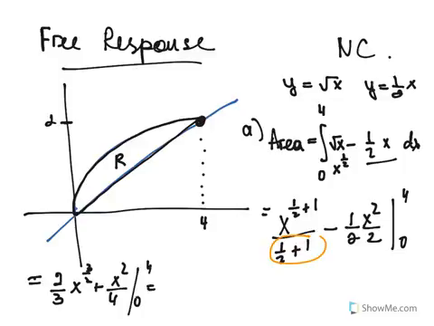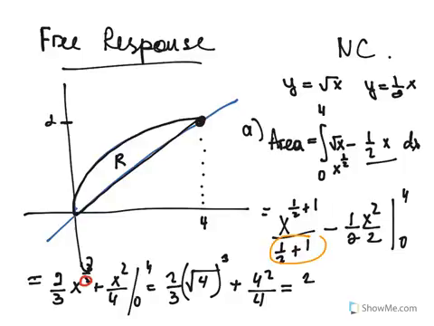Plug in the 4, so you get 2/3. Now put it in radical form because it's hard otherwise. So the index, see this little denominator? That's your index. And the numerator shows you what your exponent outside is. Plus, plug in 4, so it's 4 squared over 4. And if you plug in 0, you get 0 for each. Now we get 2/3.